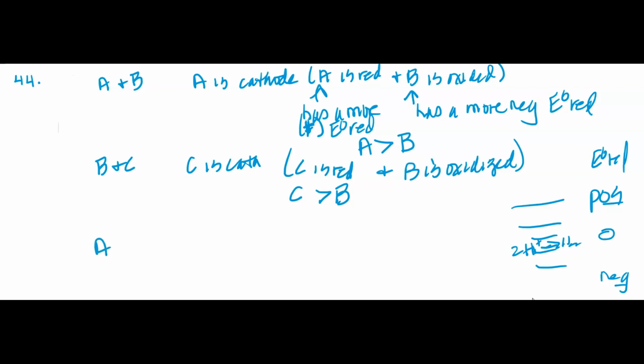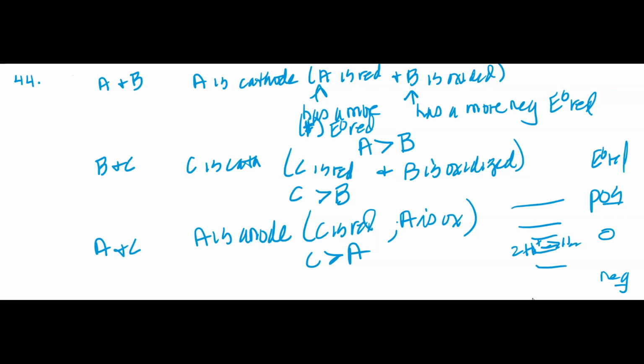And then comparing A and C, A is the anode. So that means A is oxidized, C is reduced. So C greater than A. So we have a logic chain here: A greater than B, C greater than B, and C greater than A. You have to string these together.